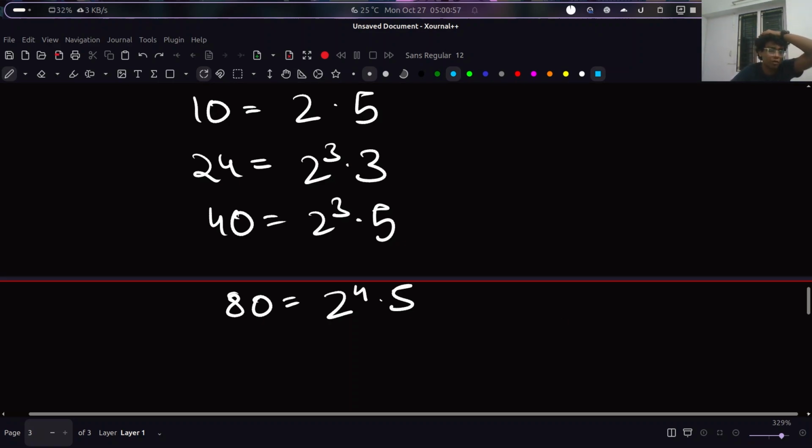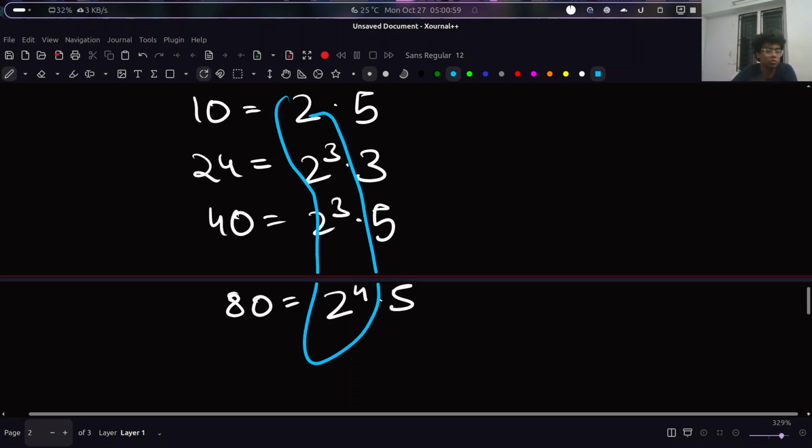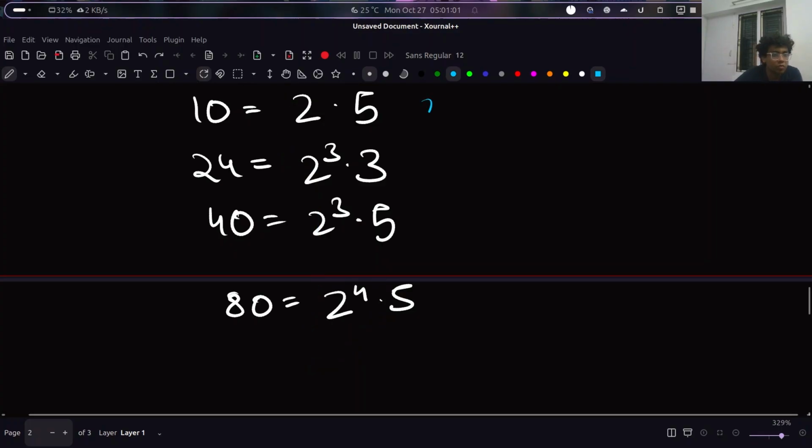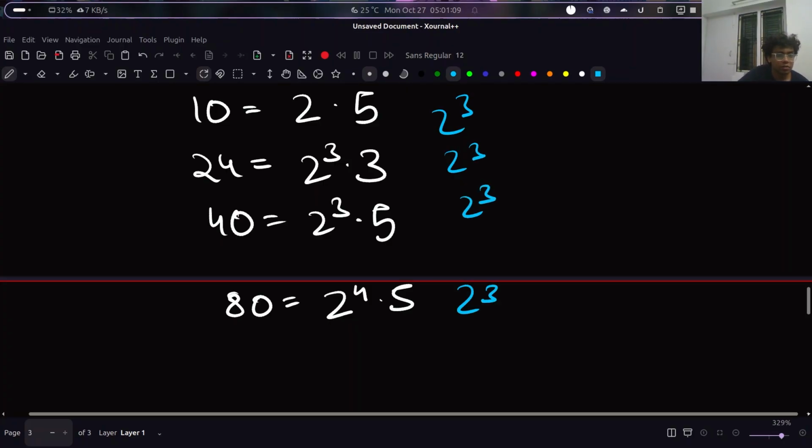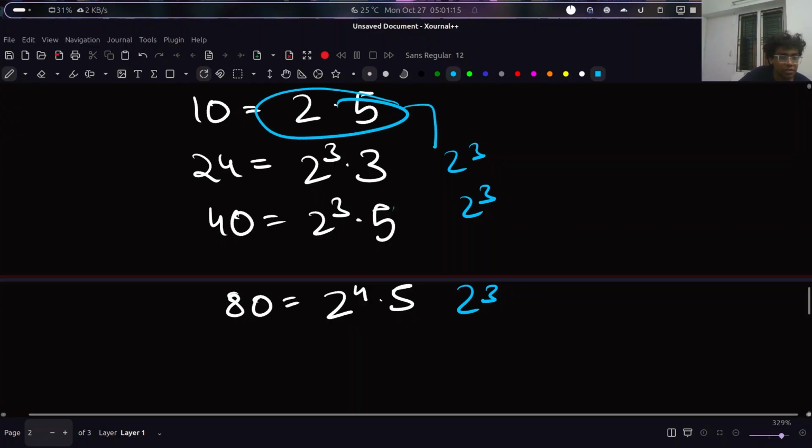What about these powers of 2? 2 is obviously a factor of everything, right? But we see that 2 to the power 3 is a factor of all except 1. So whenever we take a pair of this and this, 2 to the power 3 will definitely appear.